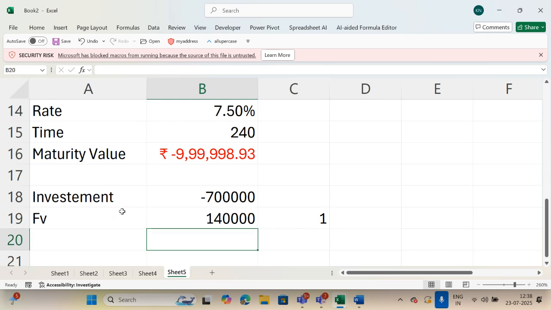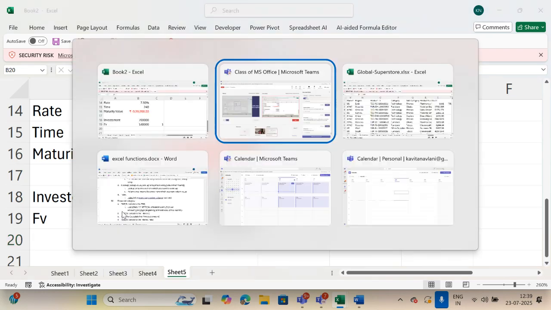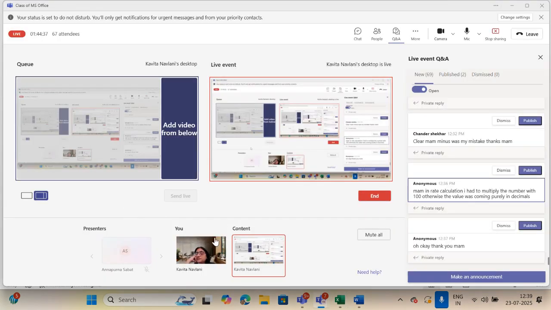So for that, you need a discounting factor. What is a discounting factor? Can anybody explain?